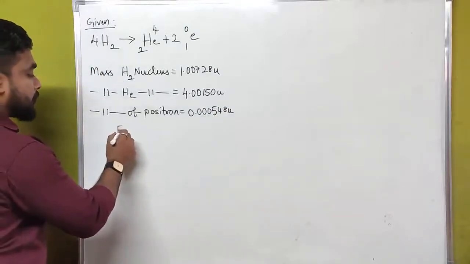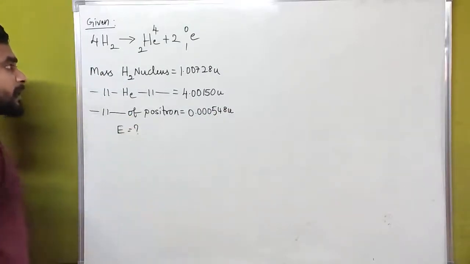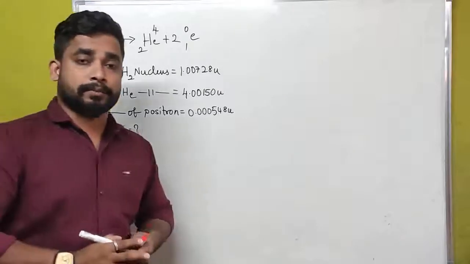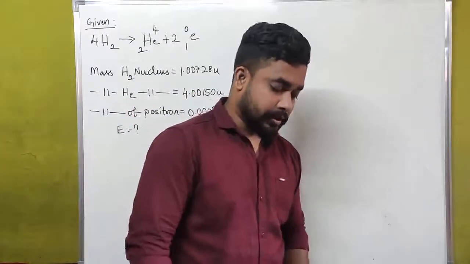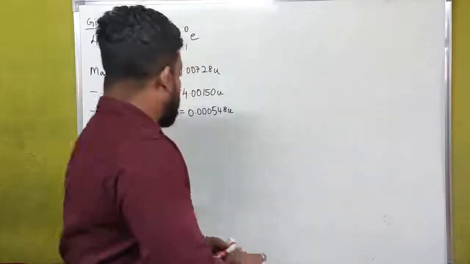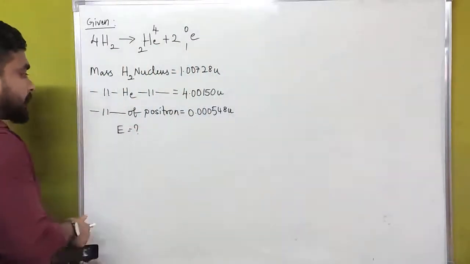What we have to calculate here is the binding energy, that is the energy released per nucleon. That is, find the energy released. That is, we have to calculate the binding energy here.